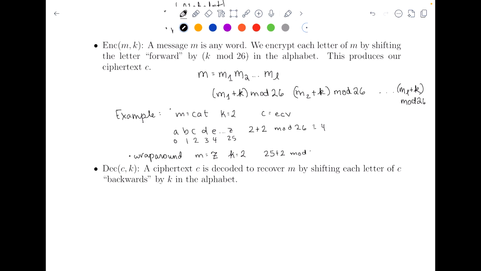Mod 26 is going to be 1 mod 26, which means that it's going to be equivalent to the letter B. So in this case, the ciphertext would just be the letter B.